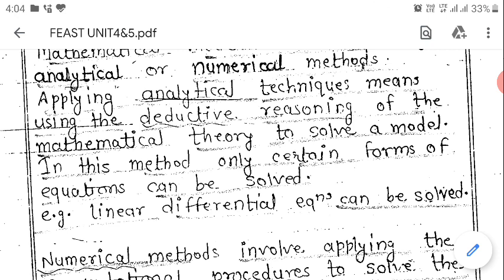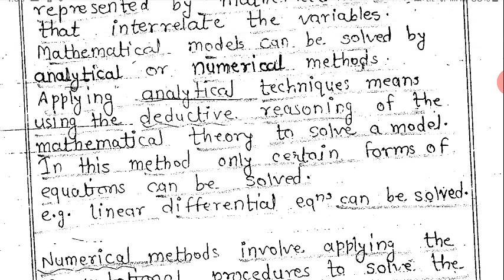Applying analytical techniques, we use the deductive reasoning of mathematical theories. What deductive reasoning means, we can take the example of a linear differential equation. Using this type of deductive reasoning on the mathematical model, we get the solution of the model.